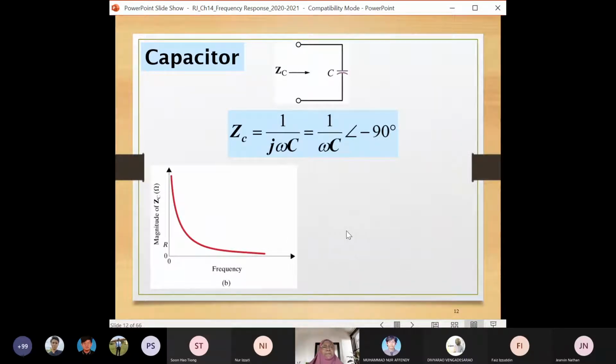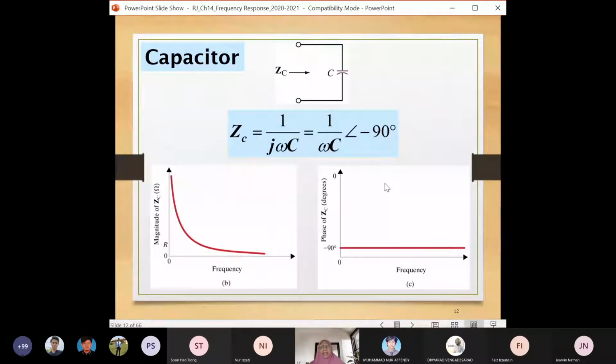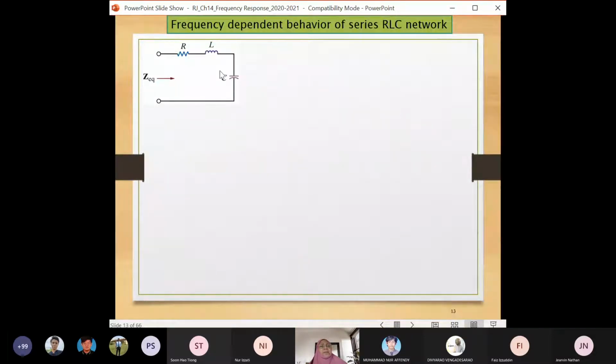In terms of phase difference, for a capacitor the phase is negative 90 degrees, meaning behind. If you combine all three components in a second order system, the series RLC circuit, you have a combination of the impedance from the resistor, the inductor, and the capacitor.